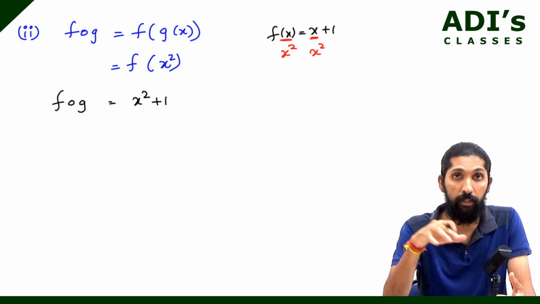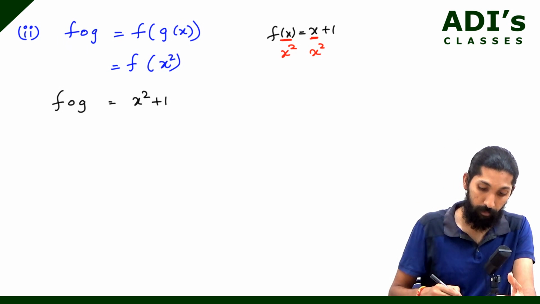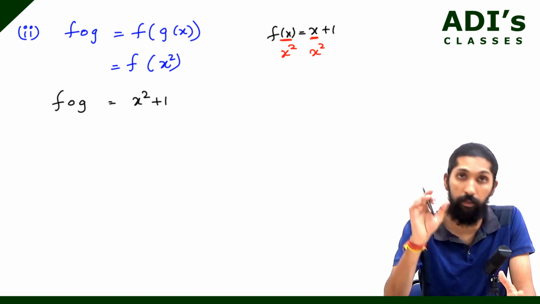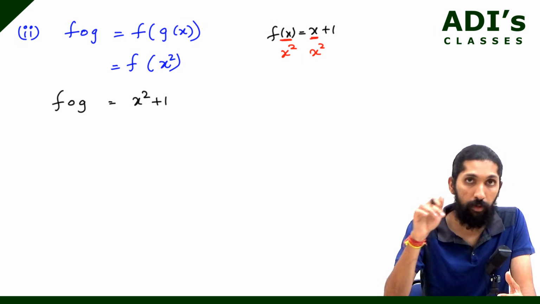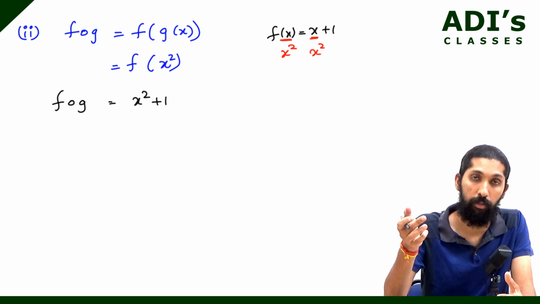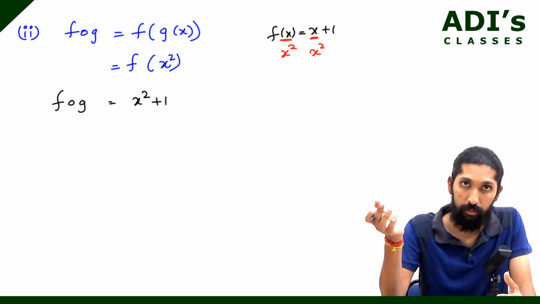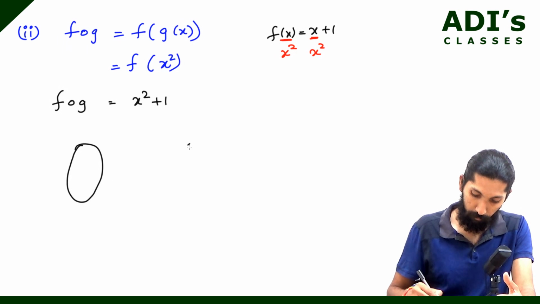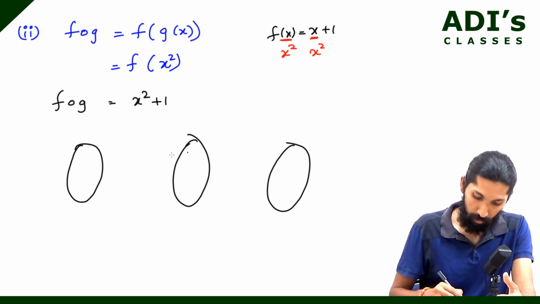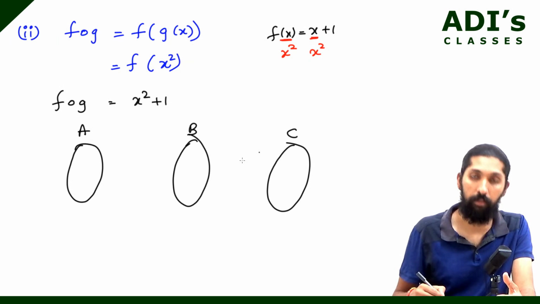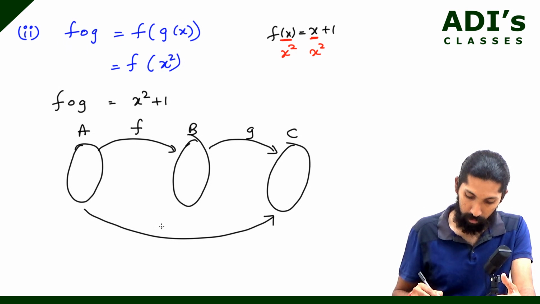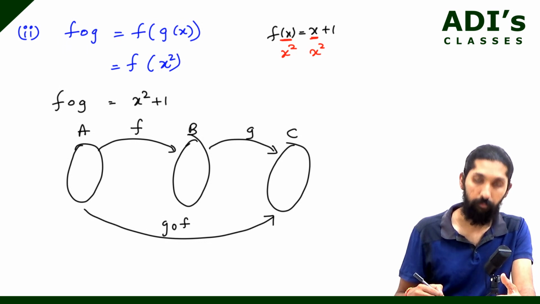Fine. Now, we have to define the set also. In this case, there's going to be a slight difference. When you write g of f of x, we know what it is, because you know f of x and you know g of x. In the domain form, this is A, this is B, this is C. From A to B we have function f, from B to C we have function g, so from A to C we have function g o f, correct?